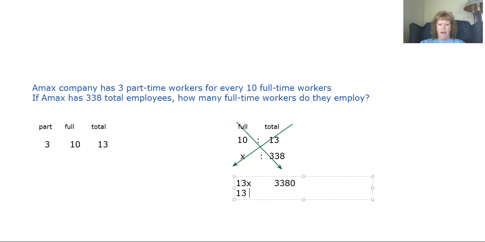If we divide by 13 on both sides, that will cancel the 13s so that we have x is equal to 3380 divided by 13, which is 260. So there are 260 full-time workers in the plant.